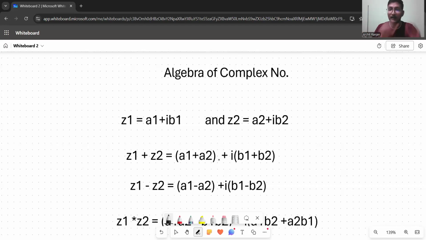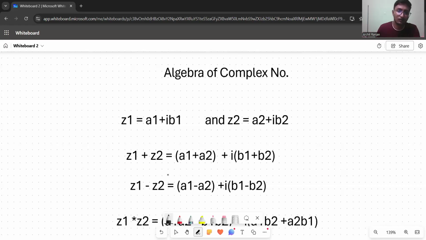Only then can we say that these two complex numbers are the same. It is not a certainty that you have to write it like this, but generally we do because it seems organized.